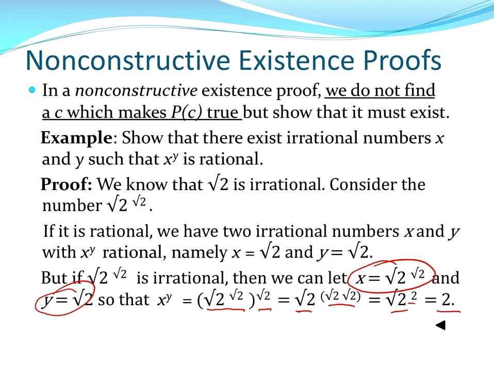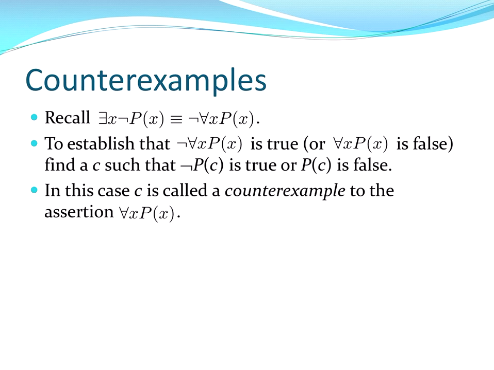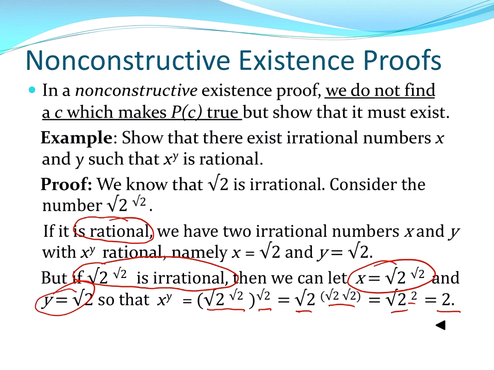So if the square root of 2 raised to the square root of 2 is rational, we're done. If it is irrational, then it would be an example of an irrational number raised to an irrational power. The question is, which of these is true?